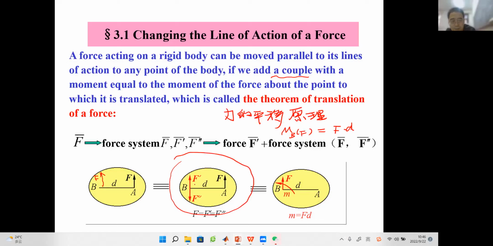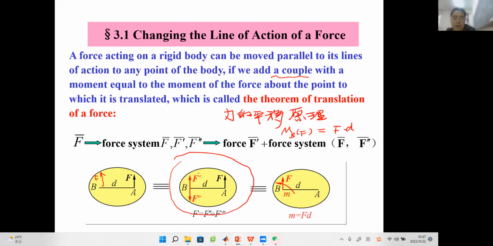When we add this balanced force system, this F prime has the same direction and magnitude as F. And this F double prime has the same magnitude as F prime and the opposite direction. So these two forces are the balanced force system.